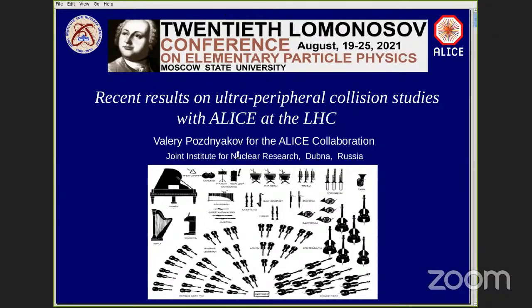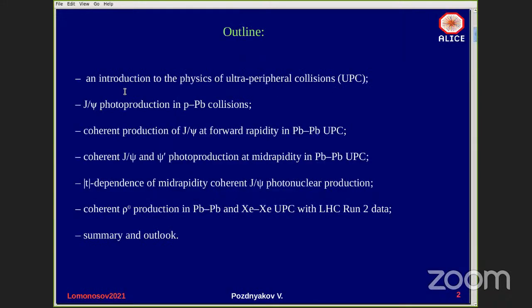Okay, so I will present results, actually not only recent, some from some time, on the so-called ultra-peripheral collisions study with ALICE. At the beginning I will explain what ultra-peripheral collisions are and what physics is inside, I mean, what we can study and compare with calculation.